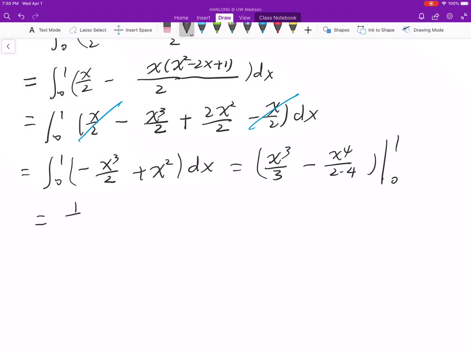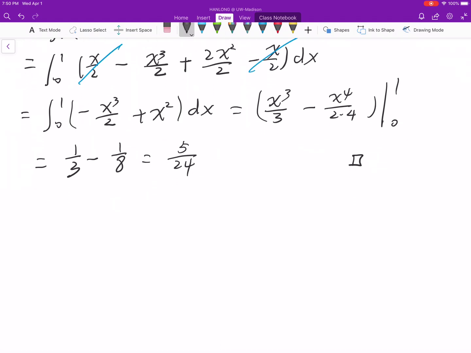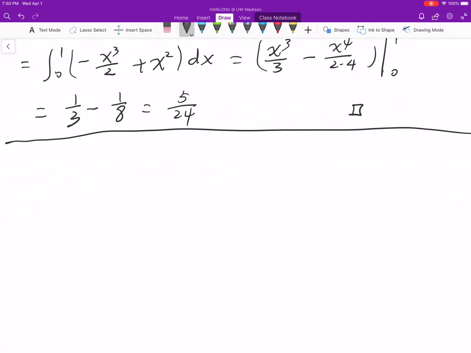Therefore, you have 1/3 minus 1/8, which is 5/24. Okay, you see, although the problem is pretty physical, all we need to do is evaluate some double integral.